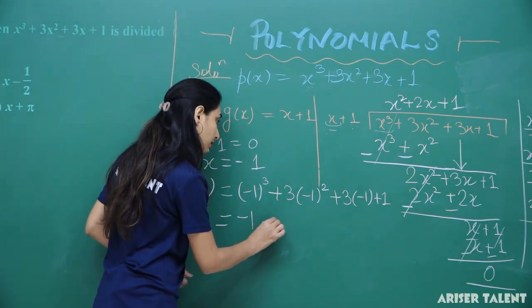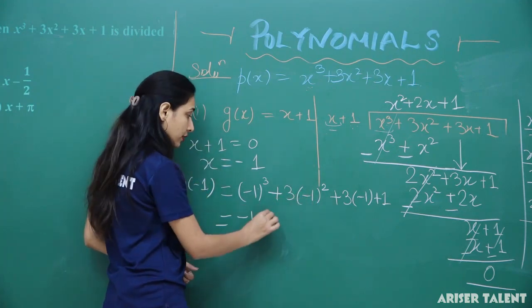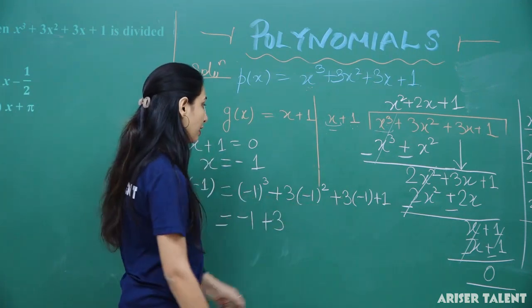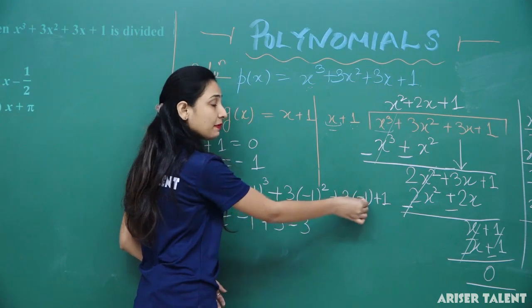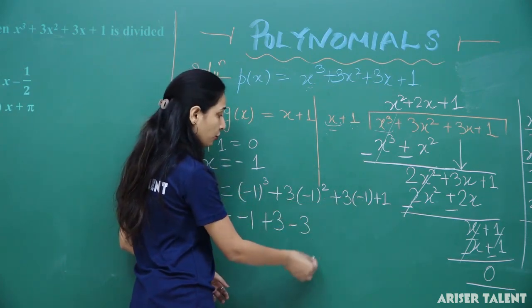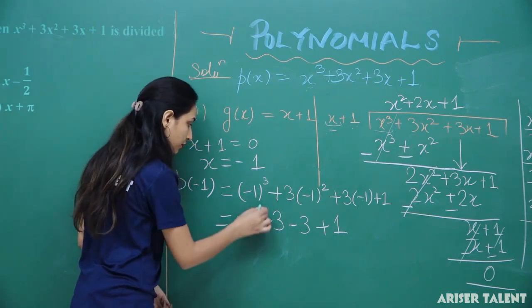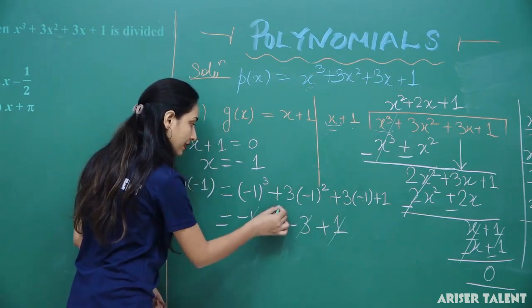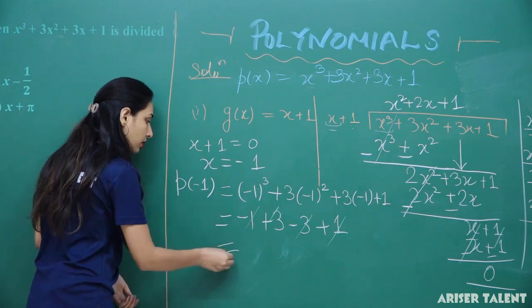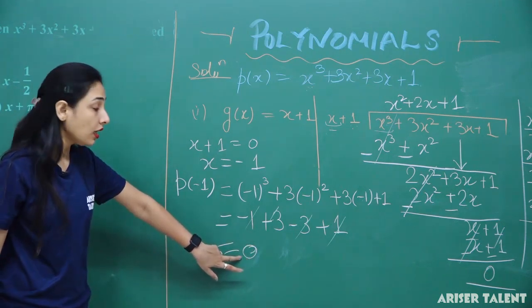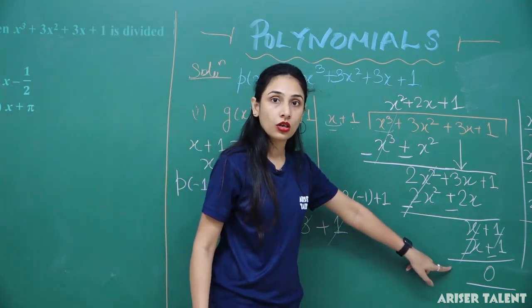That will give you a plus 1, so plus 3. Here that will be minus 3 because plus times minus is minus. Plus 1. Now you can clearly say that this will cut with this and this will cut with this, so you are getting 0. And yes, exactly, my remainder is 0.